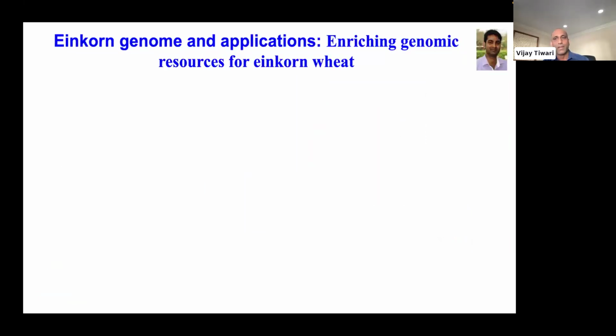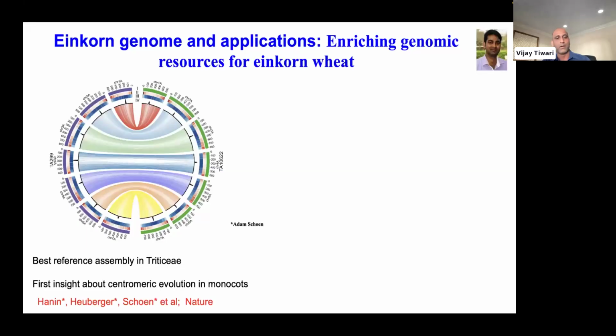Then Jesse and Simon started putting together the einkorn genome, and we also joined the team, and together we put together one of the best known genome assemblies in Triticeae.